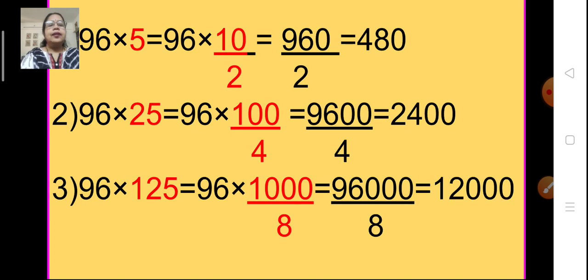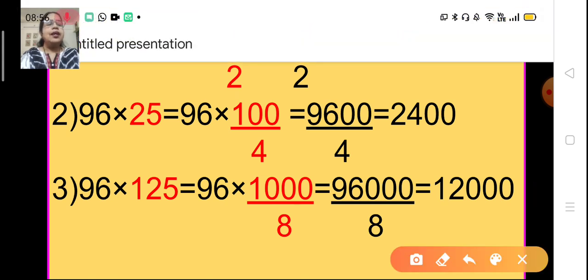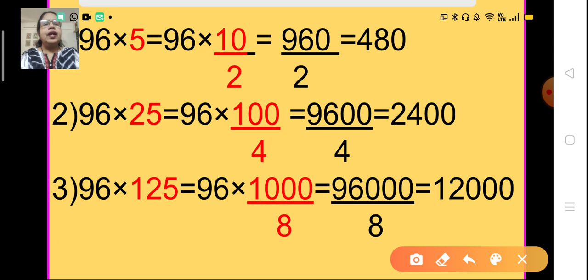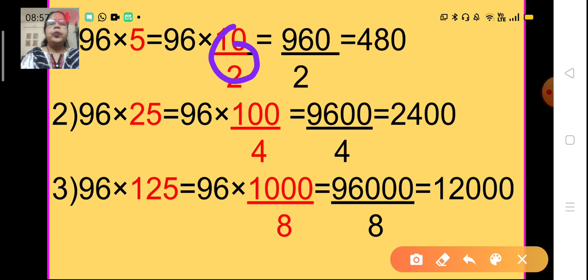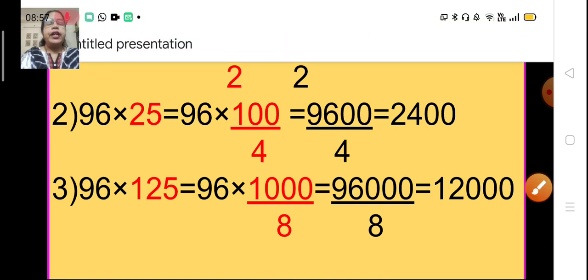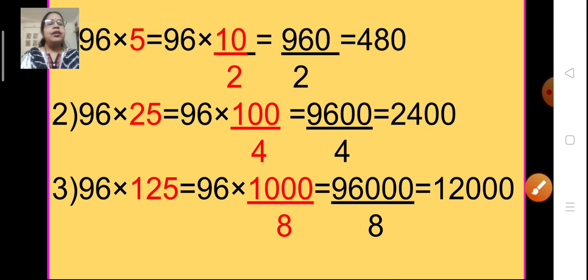Children, if we want to multiply 96 by 5, instead of 5 we can take the number as 10 upon 2, isn't it? And dividing 96 by 2 is very simple. We get 48. So what is the answer that we get? It is 480.